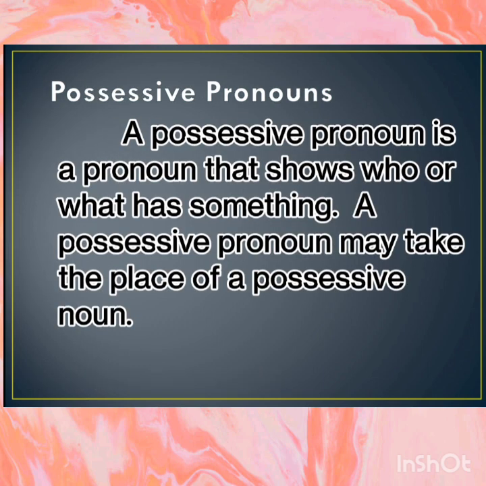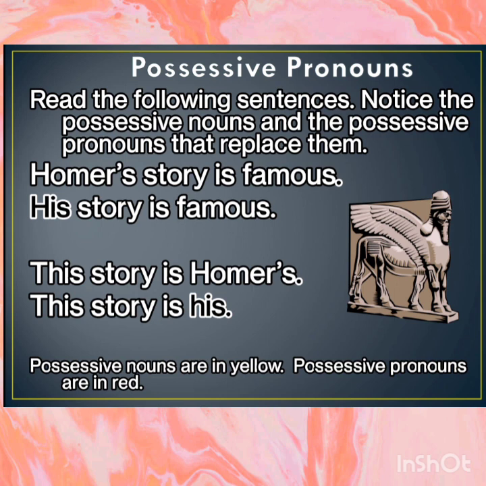Possessive pronouns. A possessive pronoun is a pronoun that shows who or what has something. A possessive pronoun may take the place of a possessive noun. Homer's story is famous.